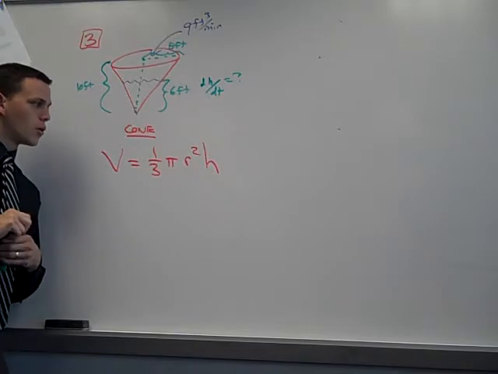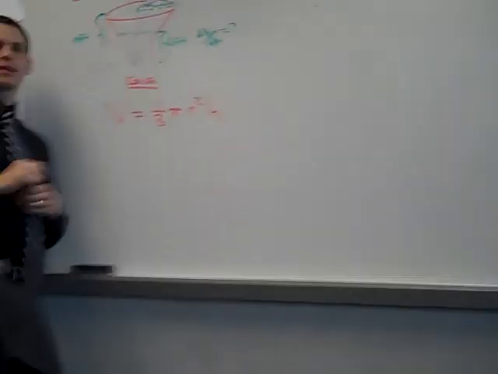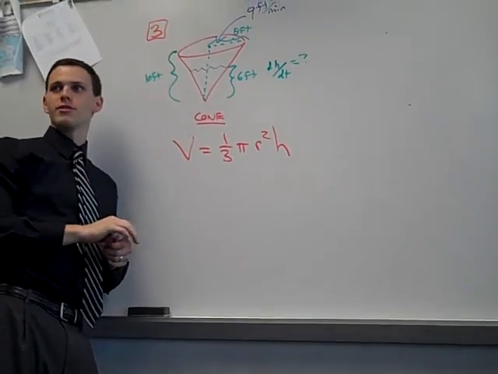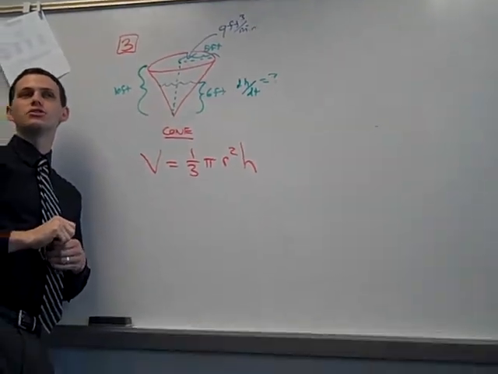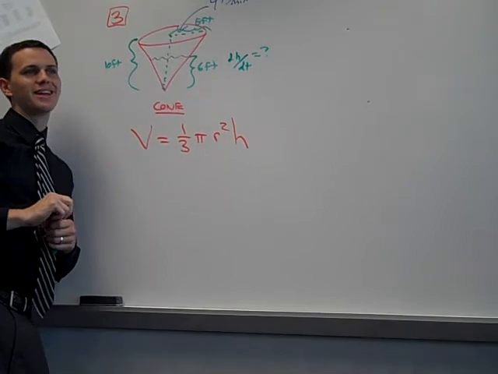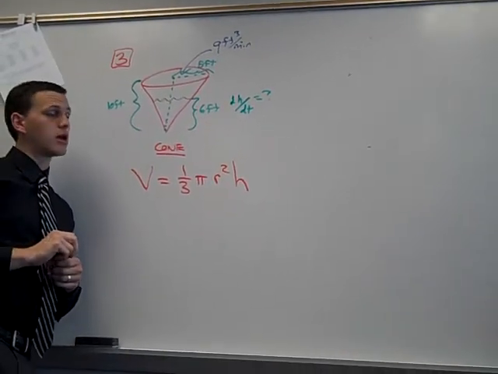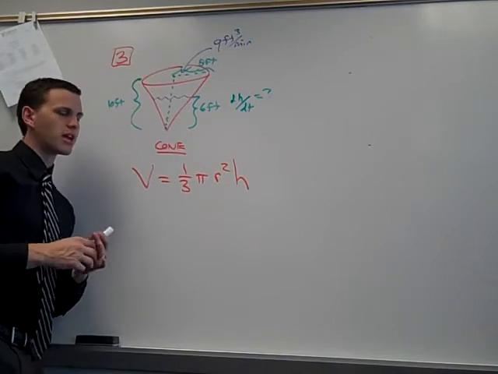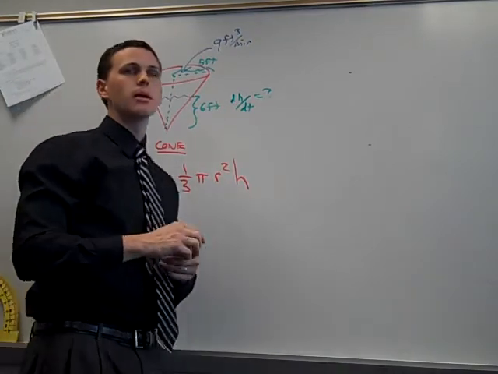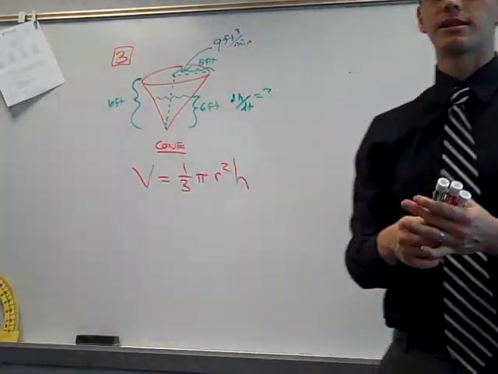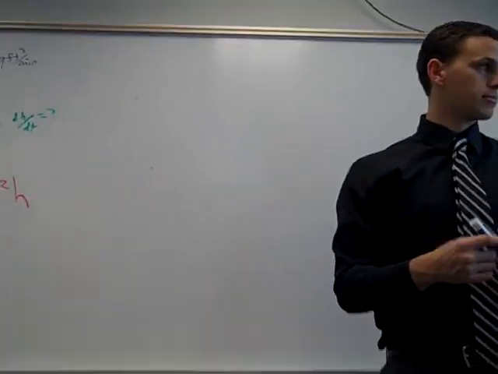Okay, so we have this problem, and the next step is to differentiate with respect to what? Time, right? There's a problem, though. Let me blindly differentiate with respect to time, and then you will see the problem.